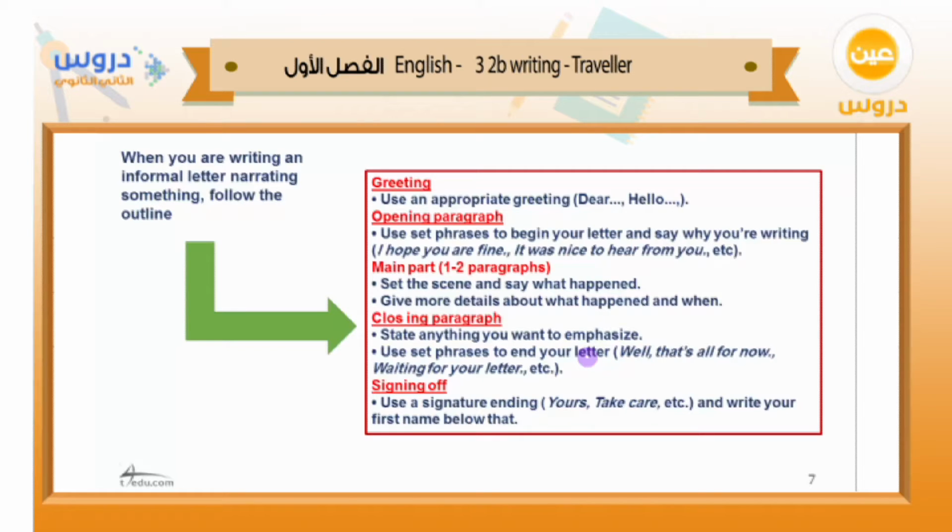Or, okay, waiting for your letter. That was all. This is all I can write for you now. And you start to close the letter. And finally, you can leave your sign-off or your signature by saying, yours faithfully, your friend, take care, etc. And write your first name or your two names, whatever you like, at the end.